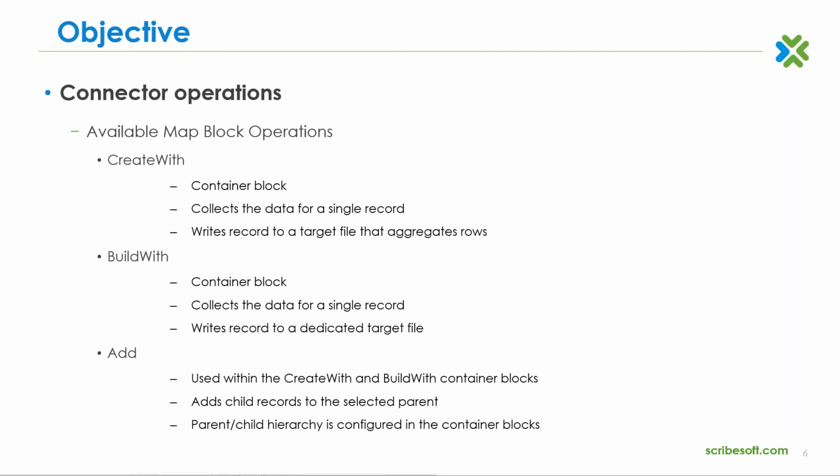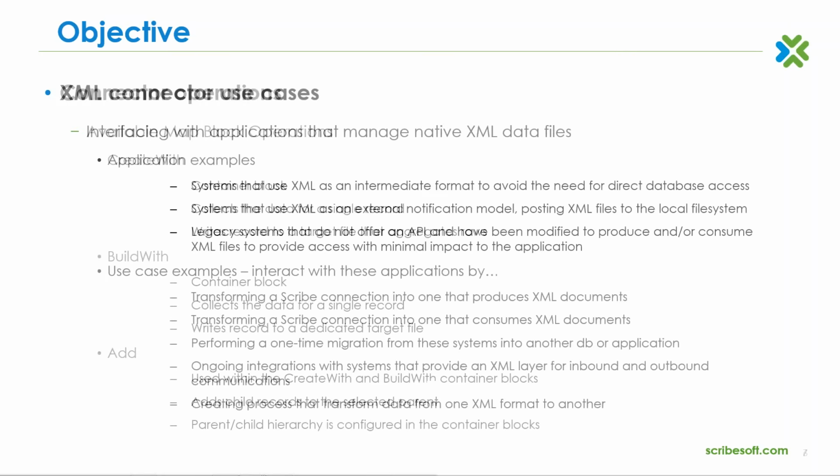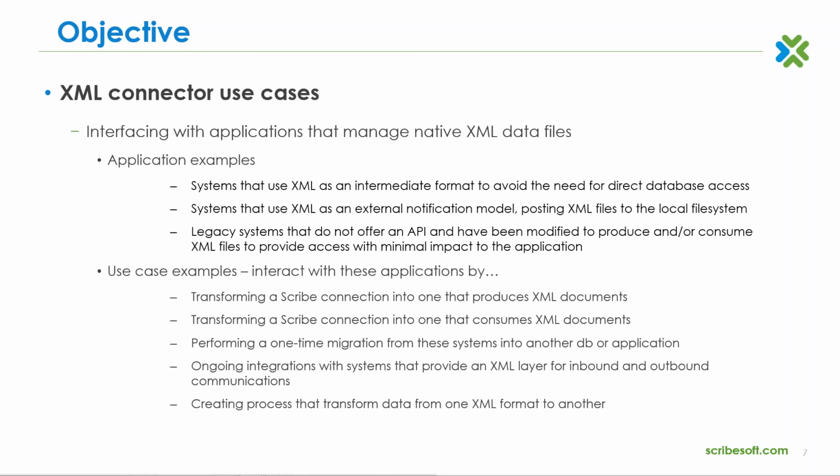But first, let's talk about some of the use cases that we're targeting here with the XML connector. Sounds good. So it's really about interfacing with applications that manage native XML data files, right? Because we're doing this data file exchange. And the key examples are, you've got systems that use XML as an intermediate format. They've designed in an XML layer for that integration purpose.